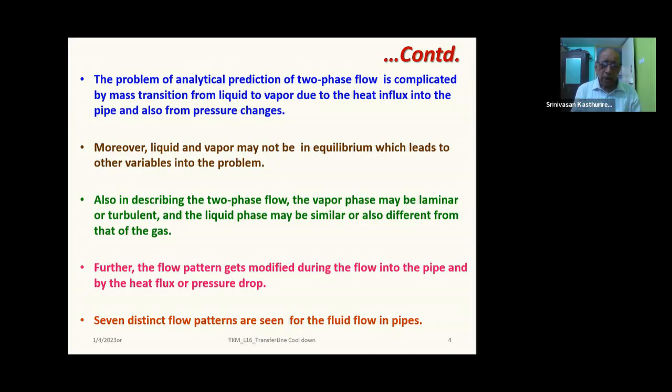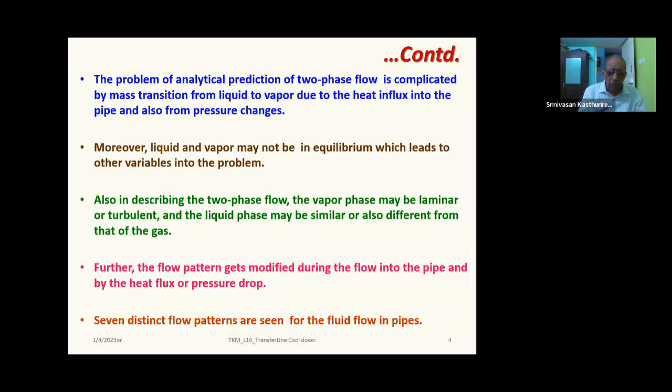And the vapor phase can be laminar, but the liquid phase may not be laminar, or it may be laminar, we do not know. Okay, but even in spite of all this, description of this analytical problem is not so easy. Okay, and the pattern of flow also can be modified during the flow in the pipe. Okay, but what has happened is, experimentally people have studied the liquid-vapor flow through pipes.